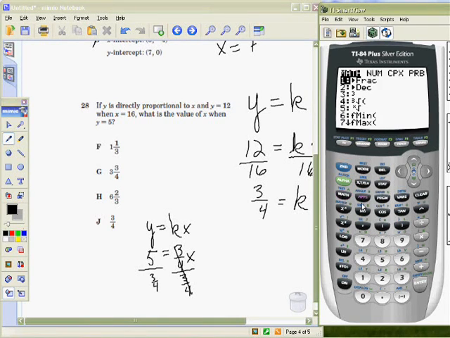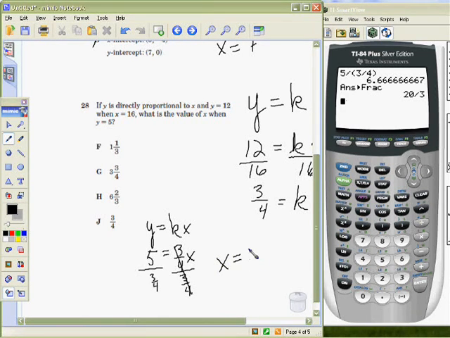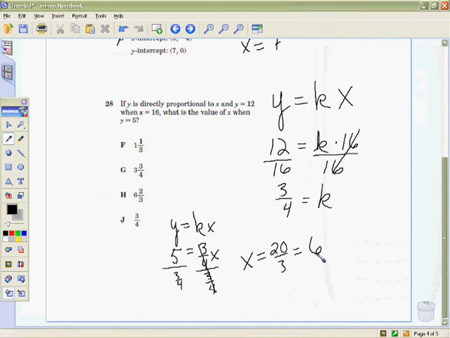Hit math. Number 1 is a choice for fraction, so enter there and enter again. And so my fraction, x equals 20 over 3. So I have to turn this into a mixed number here. So 3 will go into 20 6 times with 2 left over, 6 2/3. H is the answer.